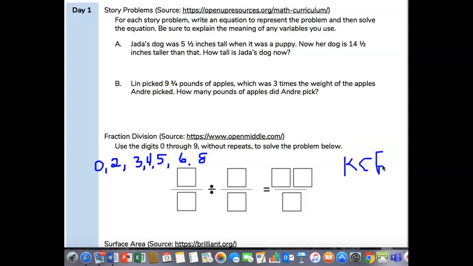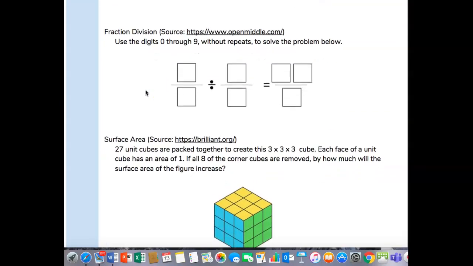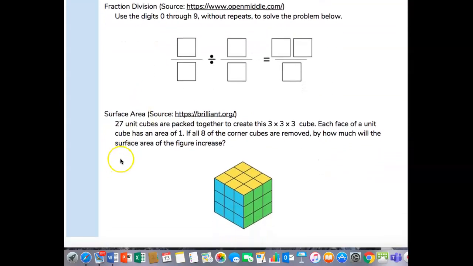All right, let's see if we are finished. Surface area. 27 unit cubes are packed together to create this 3 by 3 cube. Each face of a unit cube has an area of 1. If all 8 of the corner cubes are removed, by how much will the surface area of the figure increase?